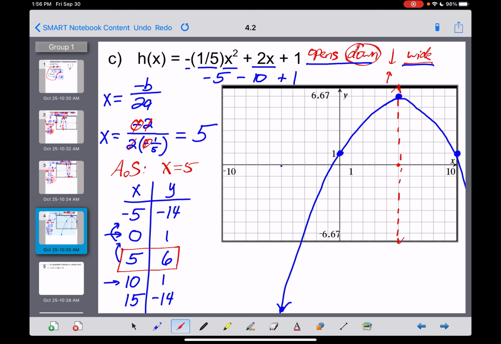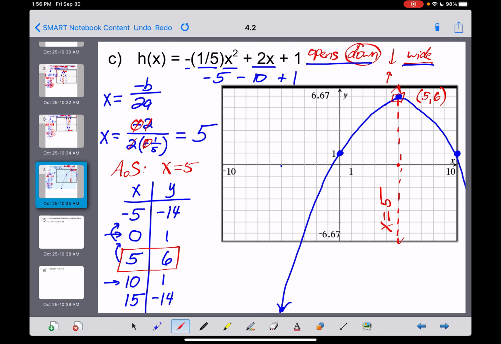So I'll label my axis of symmetry here at the line x equals 5, and I'll label our vertex right here at the ordered pair 5, 6. Okay, so that, everybody, is kind of how we graph quadratic functions that are written in standard form. You now have to do all this work at the beginning right here just to figure out the x-coordinate of your vertex, which is also the axis of symmetry.